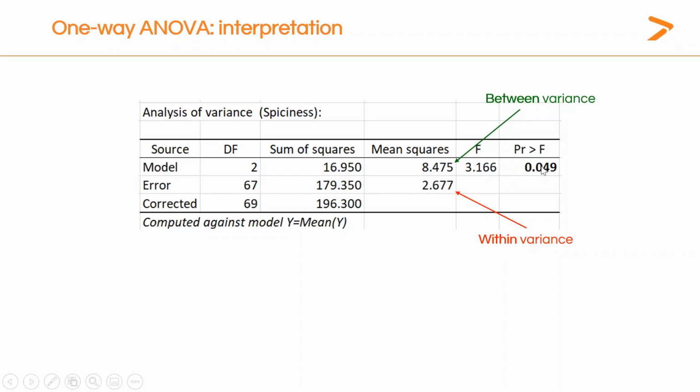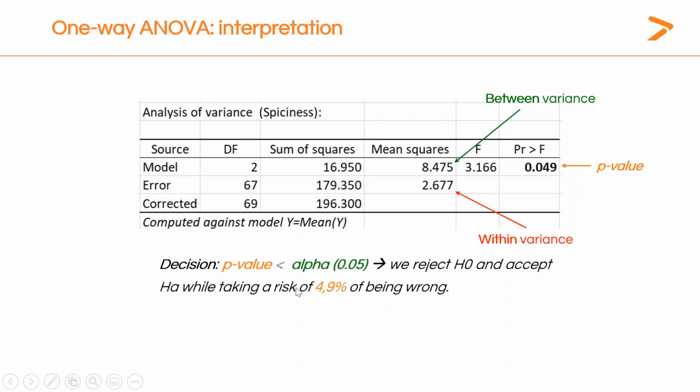And the F ratio is linked to a p-value, which is right here. And this is the p-value of your one-way ANOVA, which will help you answer your initial question and reject or not the null hypothesis. So the p-value is lower than the alpha threshold we chose earlier. We reject H0 and accept HA while taking a risk of 4.9% of being wrong.